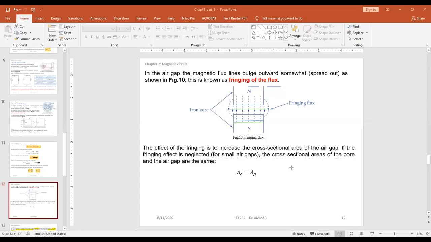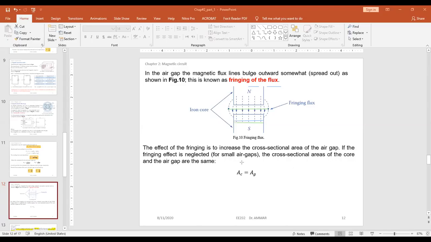That's why in electric machines we always try to make the air gap as small as possible. But there must be a gap between the stator and rotor, of course, so that the machine can rotate. But we try to reduce it as much as possible to avoid phenomena like this, because there will be other effects.